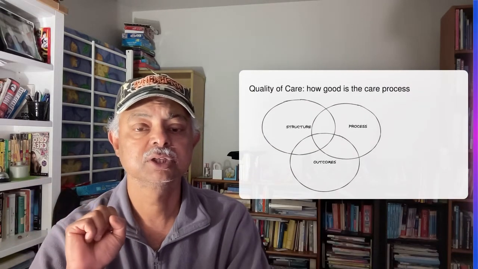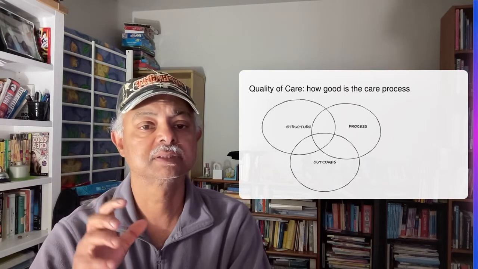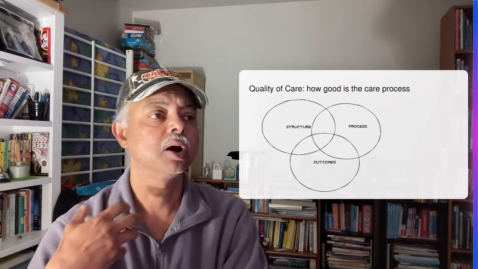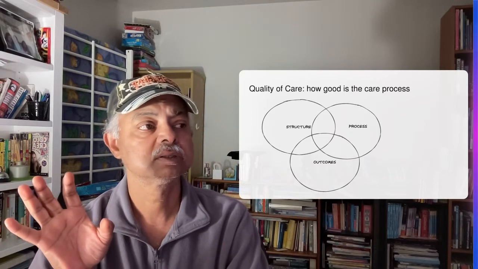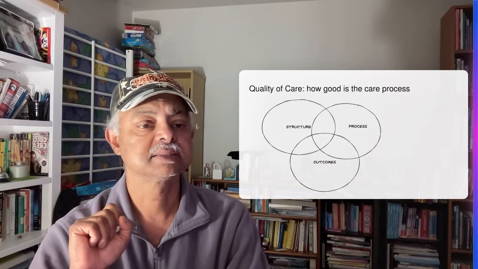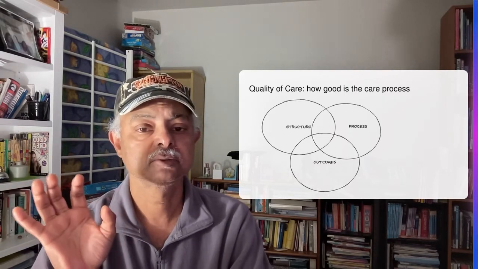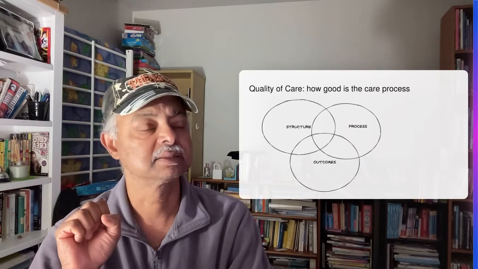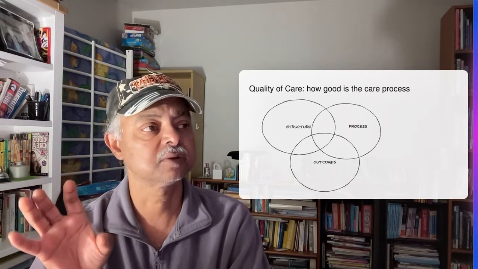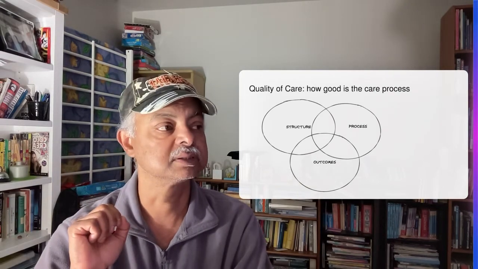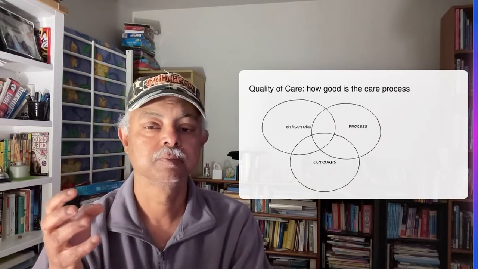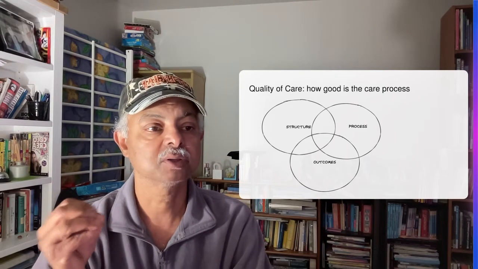Then we have the issue of the quality of care, which means how well or how good the care itself is. And this has, again, like health system performance, three individual entities. The first entity is structure, which means what facilities are present and how they are working. The second entity is the process of care.